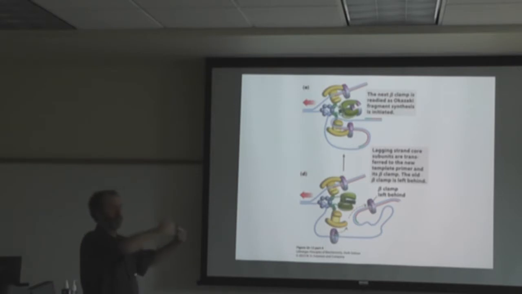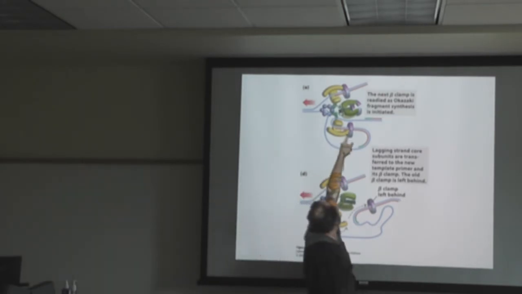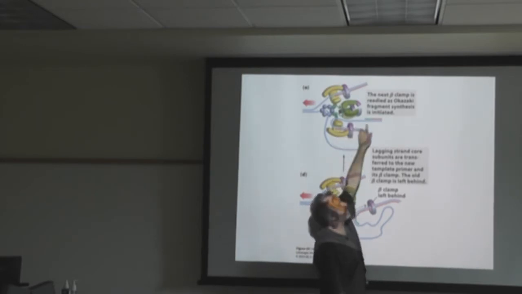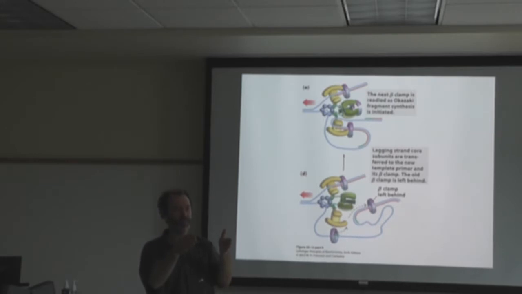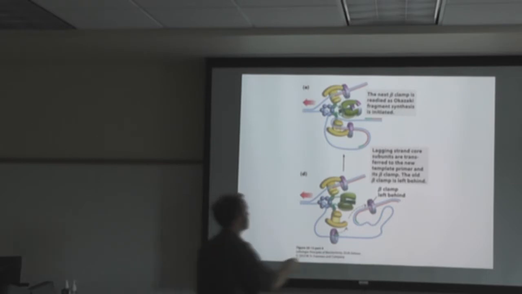It's not like all the bases that are there are unattached, but when pol 3 makes it to the next primer, it's going to stop and it won't attach that piece of DNA to the primer, because it doesn't have the ability to attach that. So it leaves that there. And you'll have a nick.